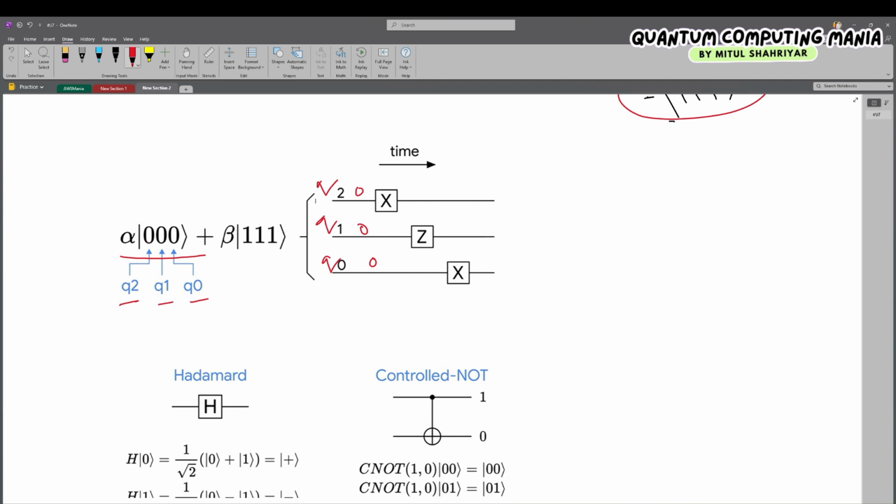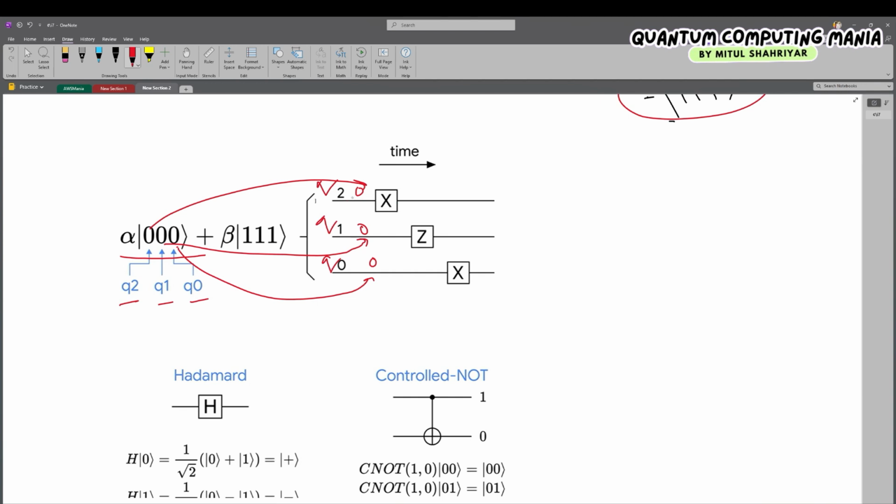So here you see this 0 is actually in this one, right? This 0. And this one is this one. Okay, so as supposed it is here. Now this q2 is supposed to go through the X gate.